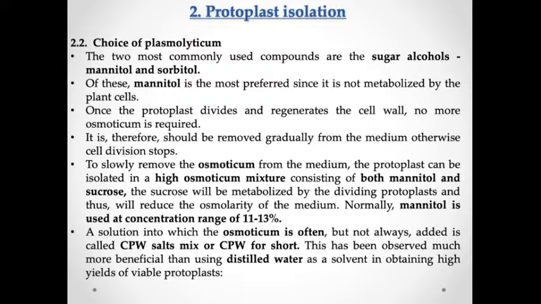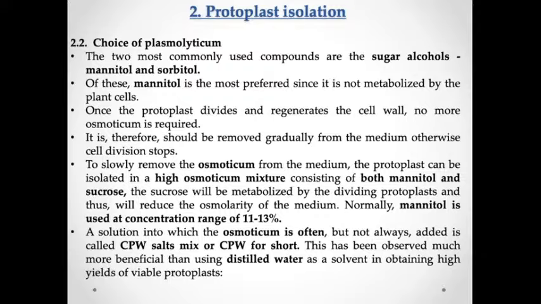To slowly remove the osmoticum from the medium, the protoplast can be isolated in a high osmoticum mixture consisting of both mannitol and sucrose. The sucrose will be metabolized by the dividing protoplast and thus will reduce the osmolarity of the medium. Normally mannitol is used at a higher concentration, in the range of 11 to 13 percent. The solution into which osmoticum is often but not always added is a salt mix called CPW salt mix.